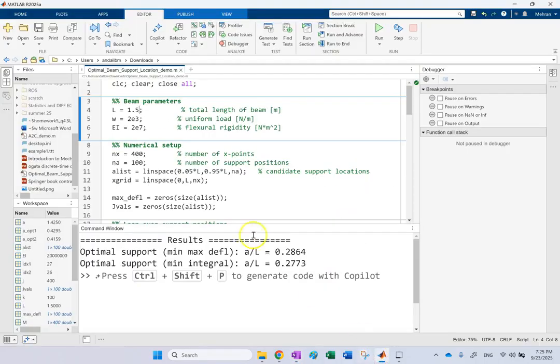And here in this MATLAB code that I wrote, you can change your L, you can change your EI or flexural rigidity, you can change your density of the load, and you can let your A change here. I let A change from almost the very left side to almost the very right side. I don't go all the way to the left side, and I don't go all the way to the right side.